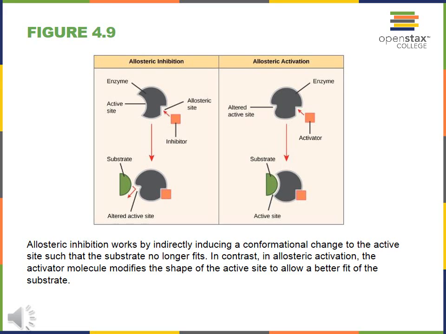With that first picture that we just talked about, the allosteric inhibition, sometimes we don't want our chemical processes to be happening all the time. So they need to be turned on, if you will, or turned off, if you will. Even though there's not really a switch turning these on and off, there is this mechanism that's altering the enzyme shape so that the lock and key method can't happen.